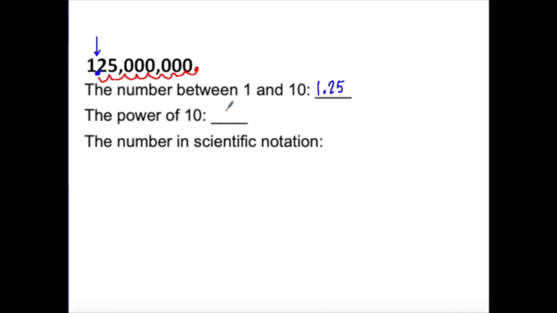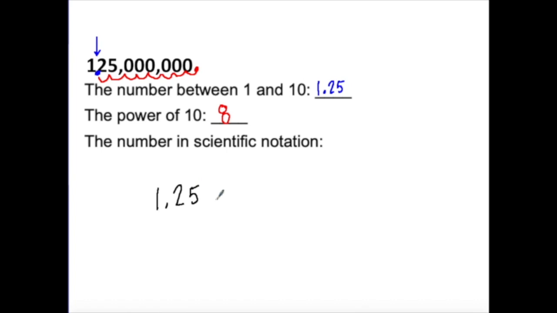So the power of 10 is 8 because I moved the decimal 8 times. So to write that number in scientific notation, I need to first use my number that was between 1 and 10, and that was 1.25.